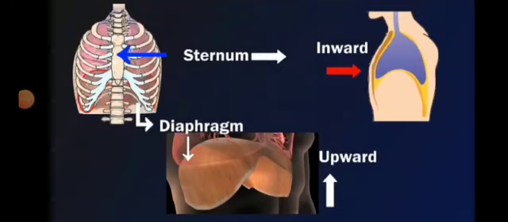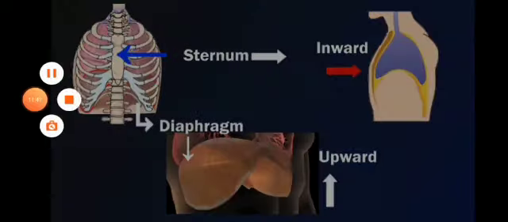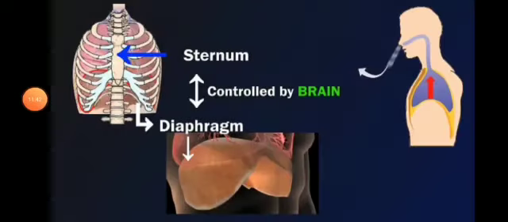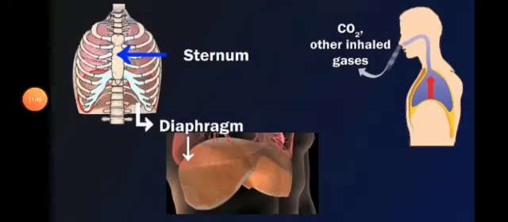So children, these movements pressurize the gases to leave the space of the lungs through the nostril. So the gases present inside the alveoli come out through the nostril and the exhalation process is completed. The movement of the sternum and diaphragm is controlled by our brain.